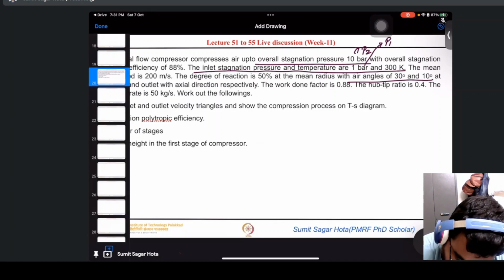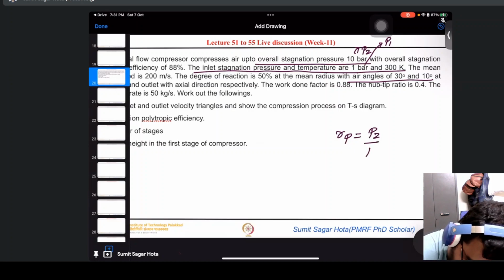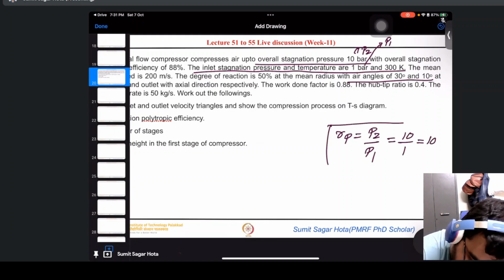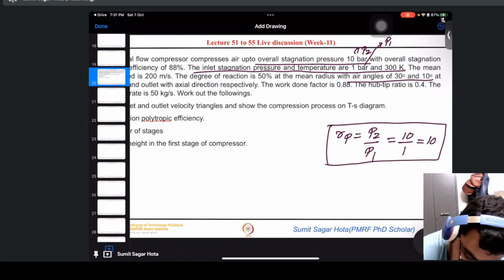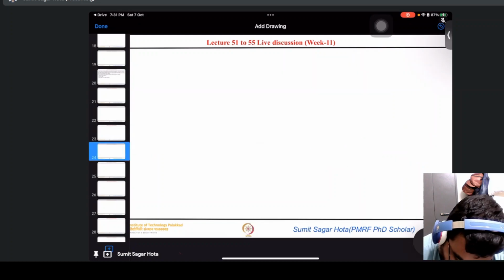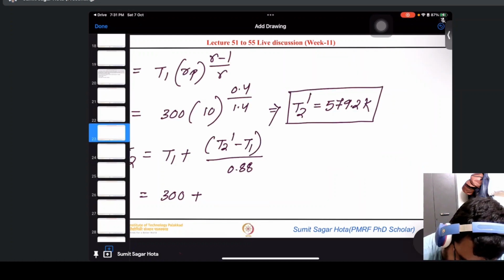So Rp is equal to P2 by P1 is equal to 10 by 1 is equal to 10. Same thing I put here directly, Rp equal to 10.